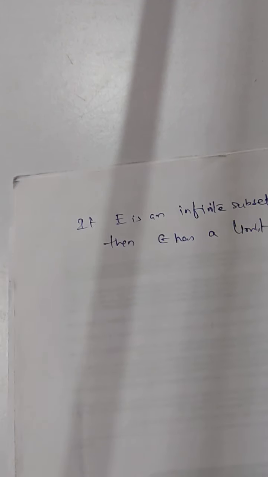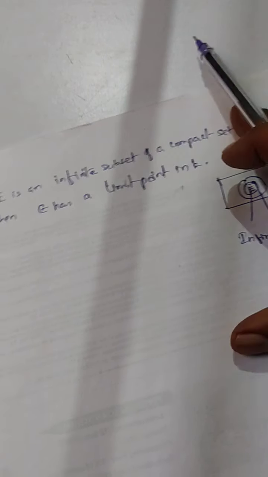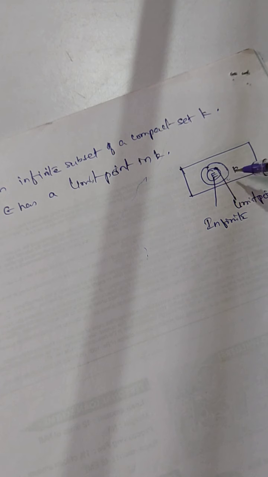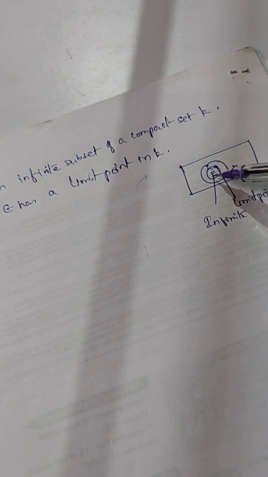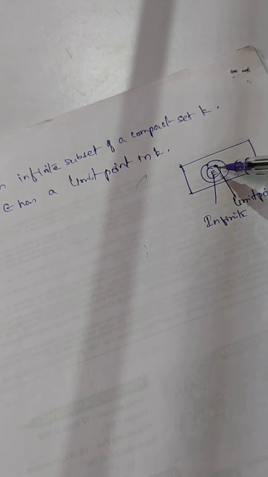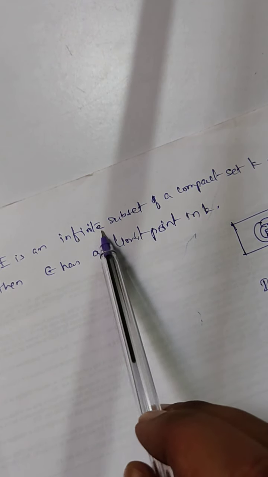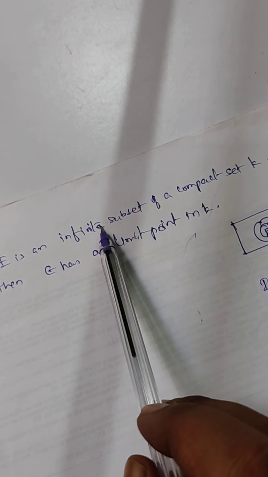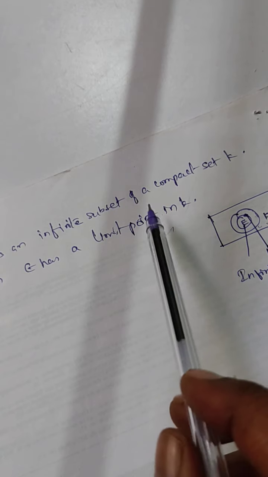Alright. Next theorem: if E is an infinite subset of a compact set K, then E has a limit point in K. E is an infinite subset of K and K is compact, so we can conclude that E has a limit point in K. Now, since K is compact, it means it will have an open cover, a subcover and a finite subcover.